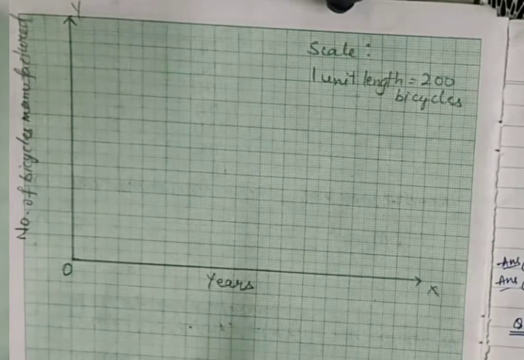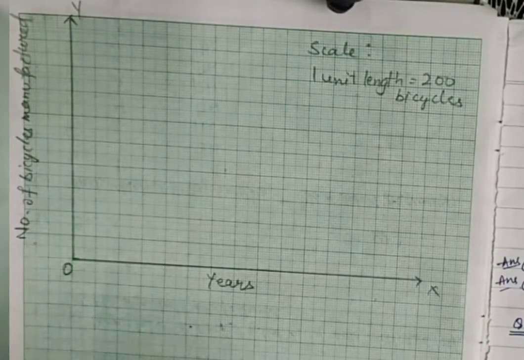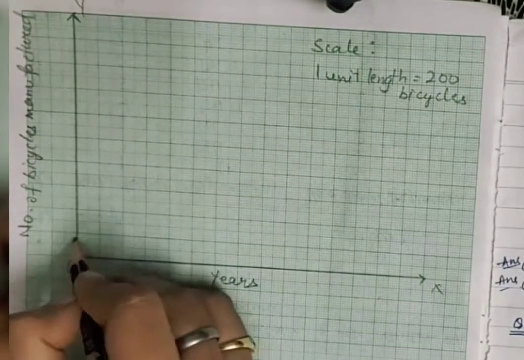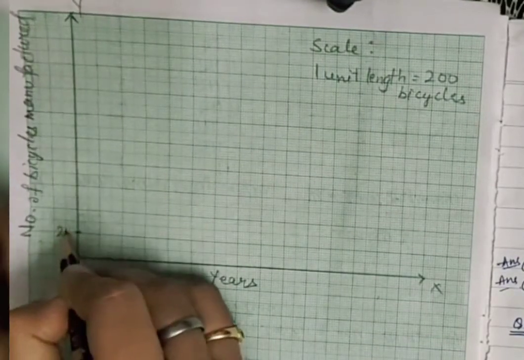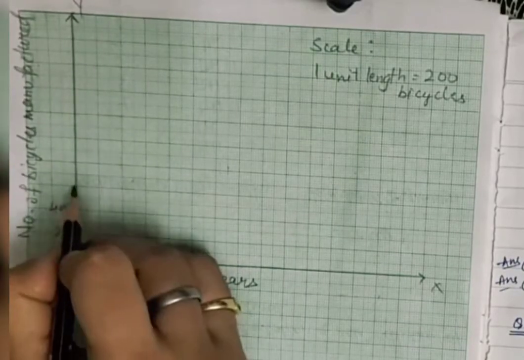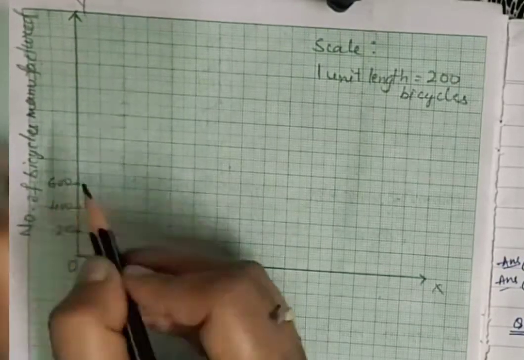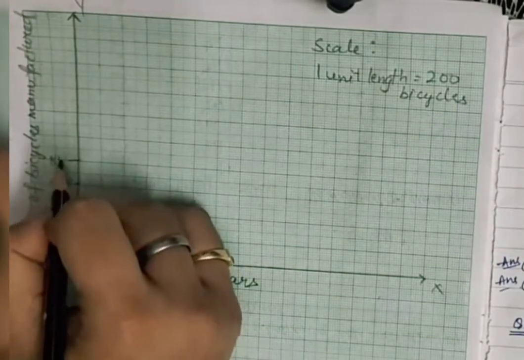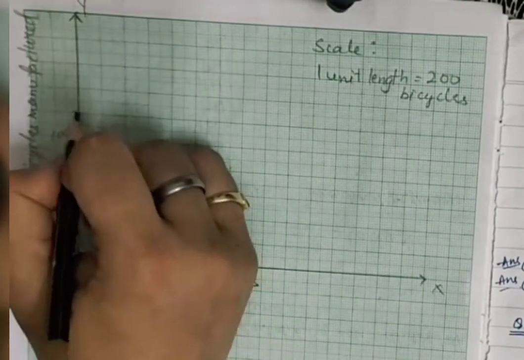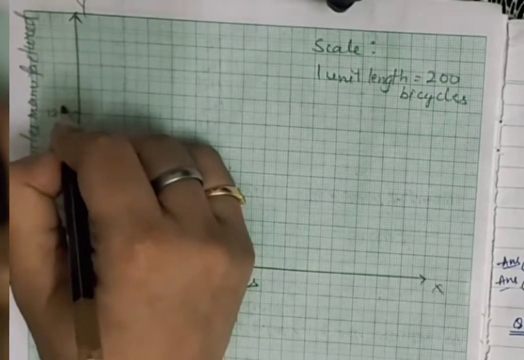Now time to draw. First of all, let's take the markings. As I told you, 1 unit length is 200 bicycles, so I am mentioning here 200. This will be 400, then 600, 800, 1000, and then 1200.